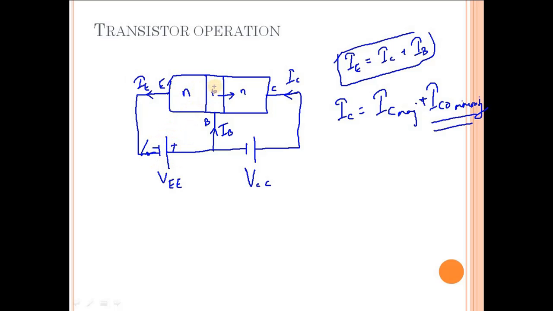So whatever minority charge carrier electrons this P layer originally had, when they move under this reverse bias condition from this P layer to N layer, the current that results is ICO minority.